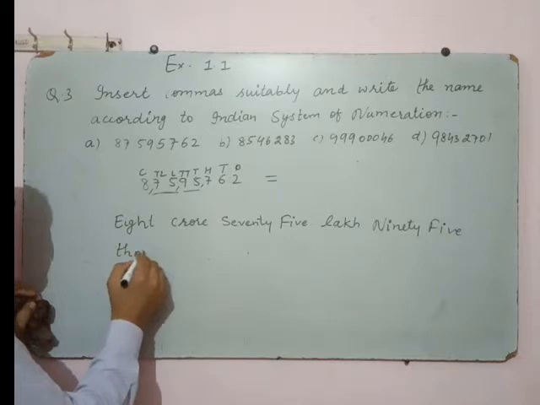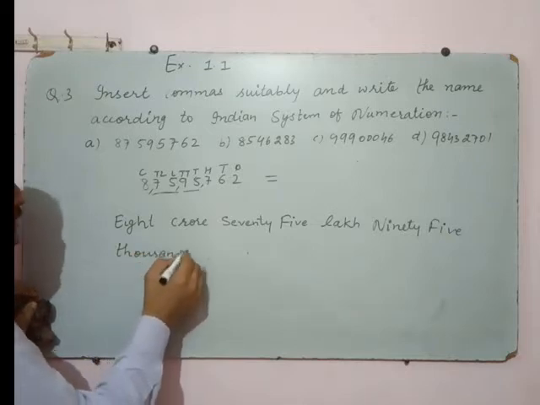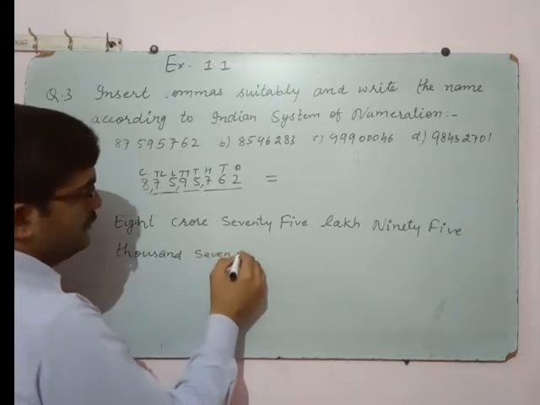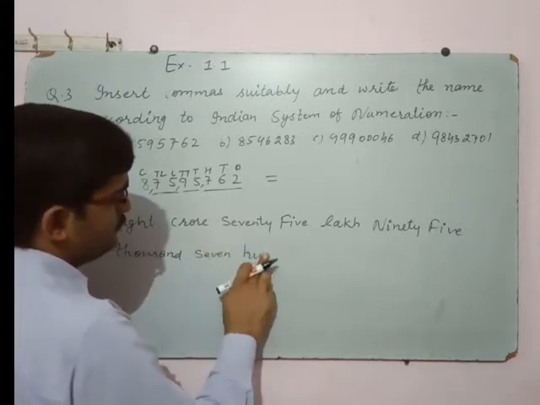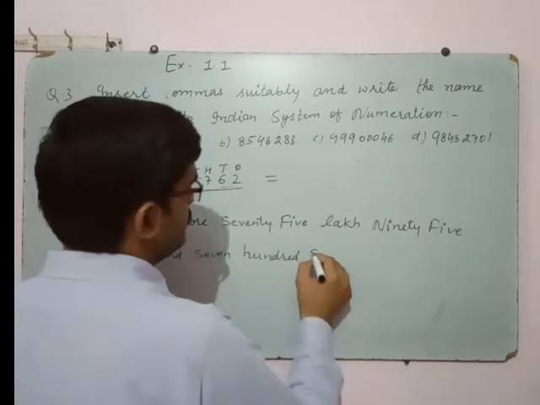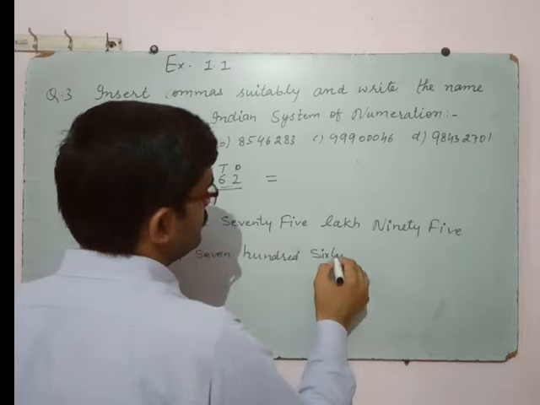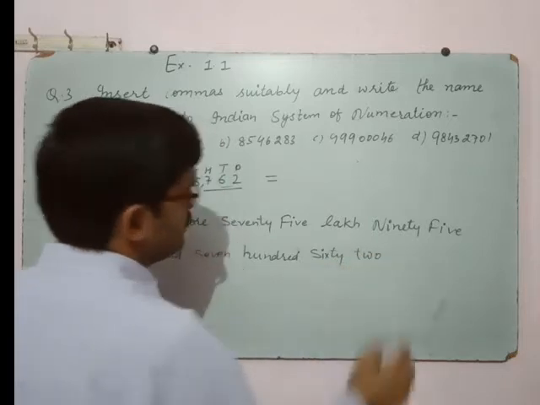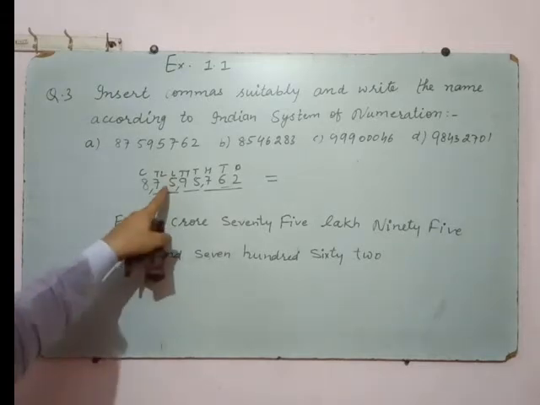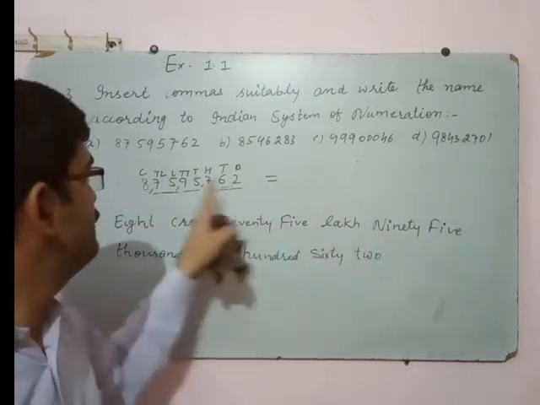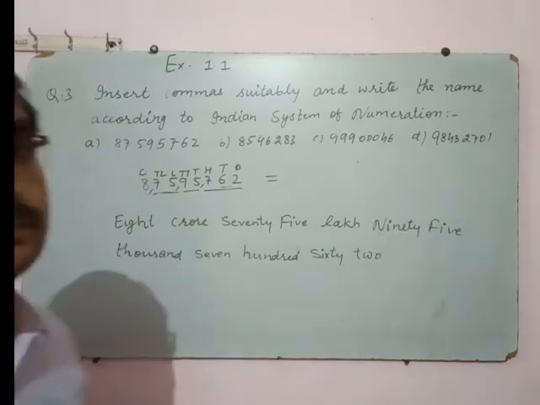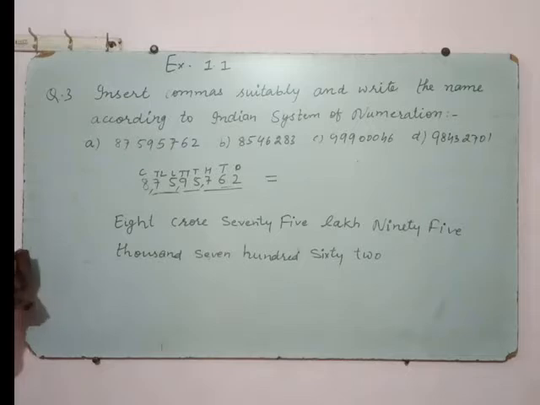Thousand. 700. 62. So this is our number names. Okay. 8 crore, 75 lakh, 95,762. Okay. Is that clear?